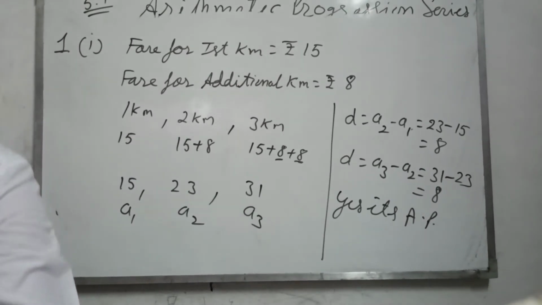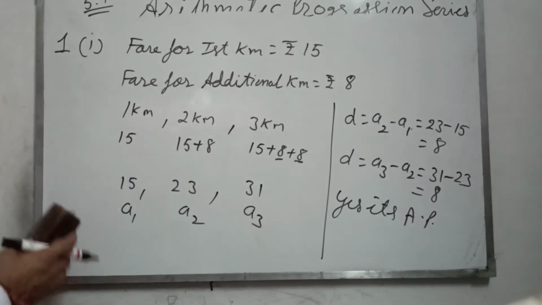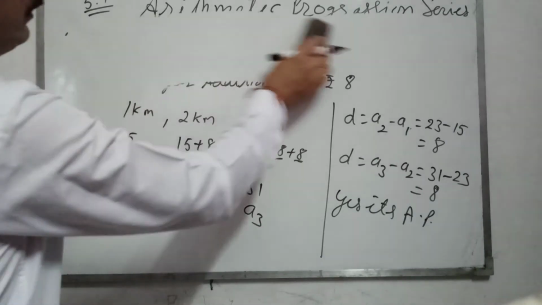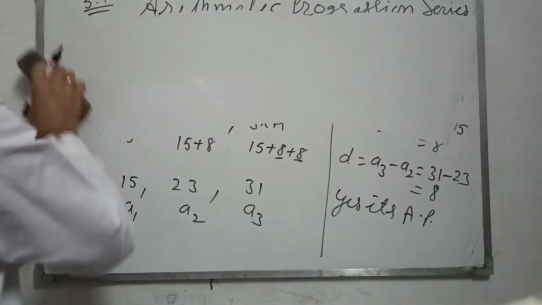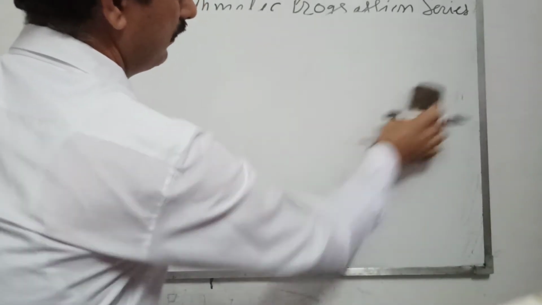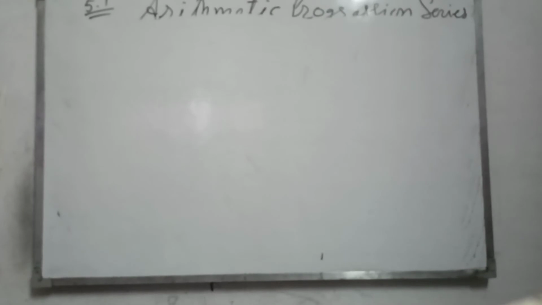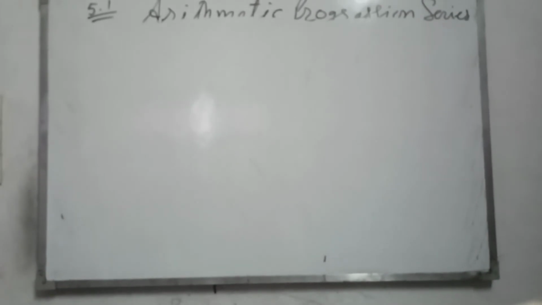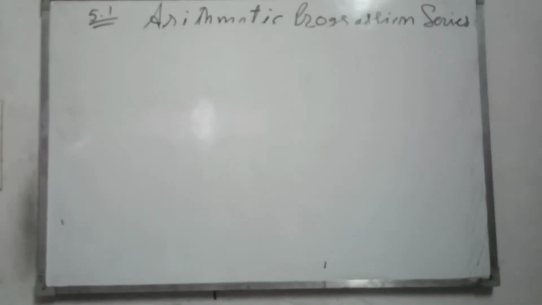Now we take another question. The amount of air present in a cylinder when a vacuum pump removes 1/4 of the air remaining in the cylinder at a time. We have to show whether it's an AP or not.